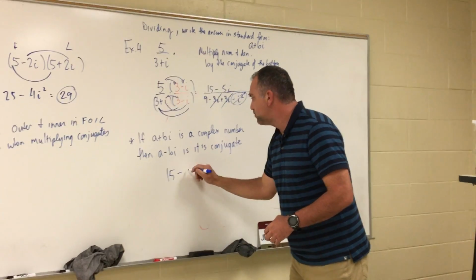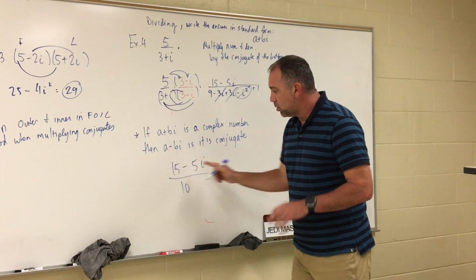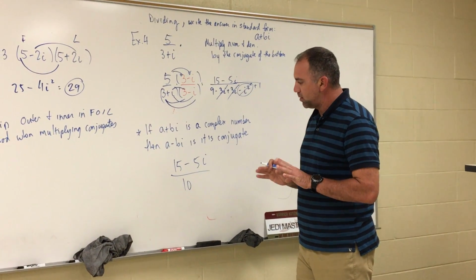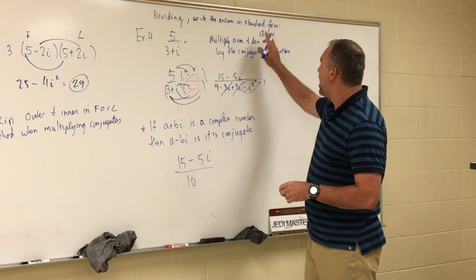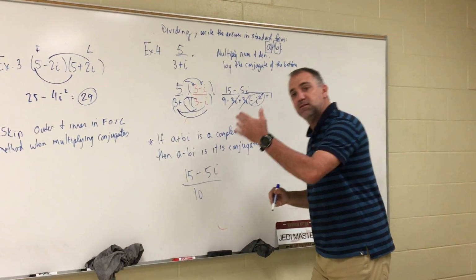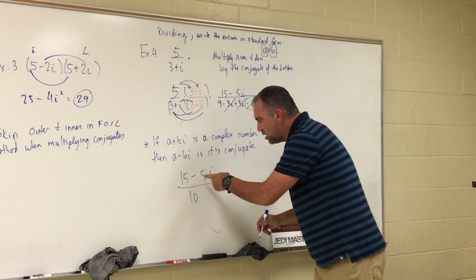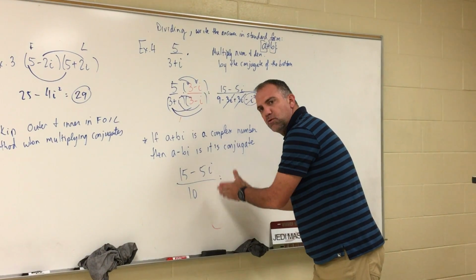So 15 minus 5i over 10. When you get to this point, here's an easy way to reduce and put it in a plus bi form, because it's got to be something plus something I, or something minus something. What you can do is just split it into two fractions.